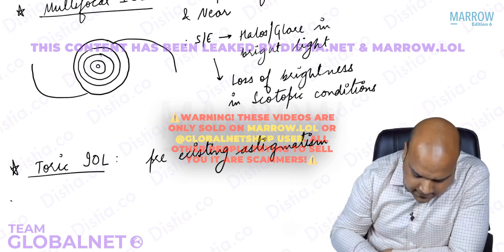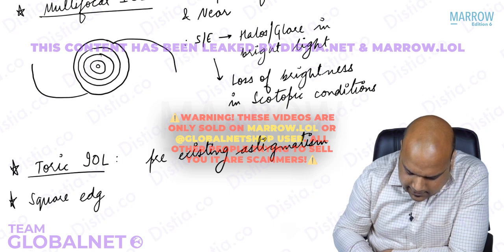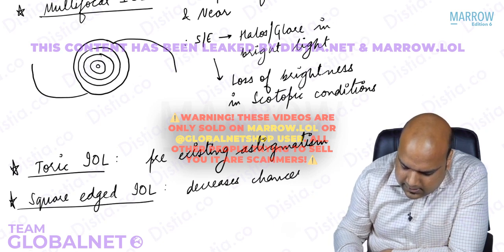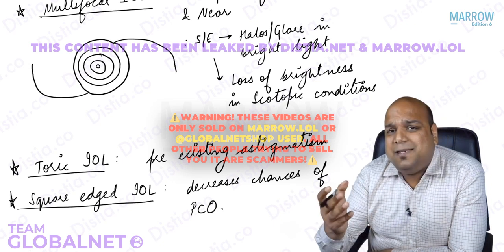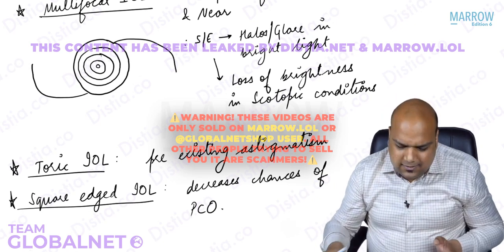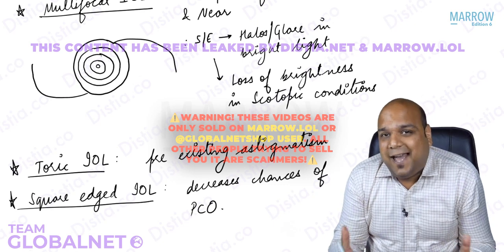Lastly, the square edged IOL. This decreases the chances of a complication which we'll read in a while called PCO, posterior capsular opacification. So these are certain features of specific IOLs that you need to know, which can be asked to you.